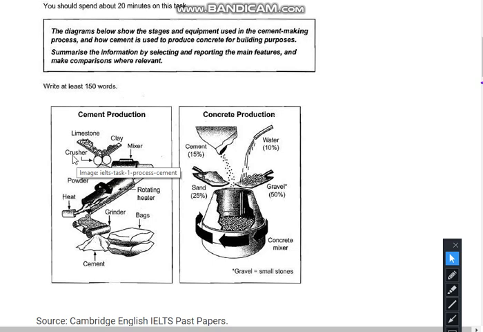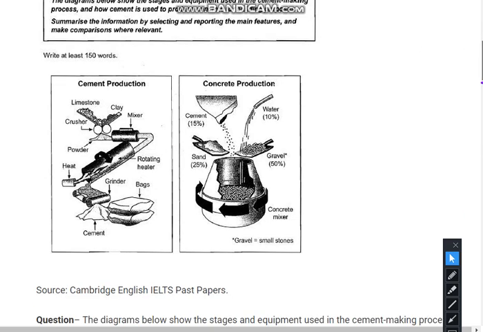So crushed. You're just changing it. Even if you're not sure, just make it passive, make that verb passive.